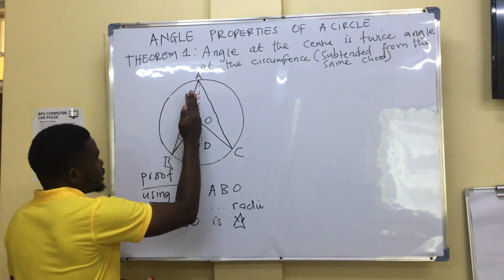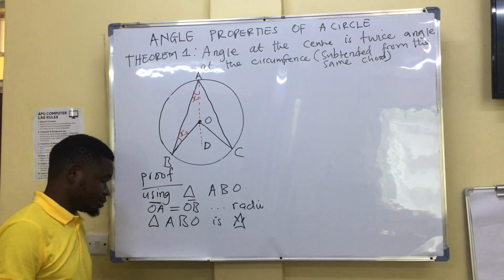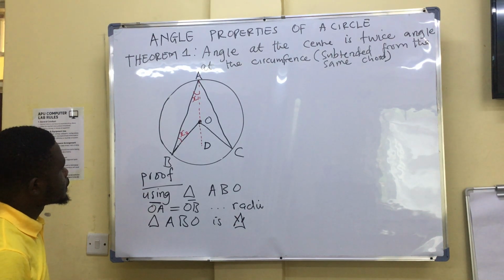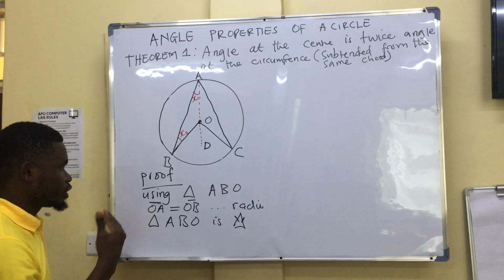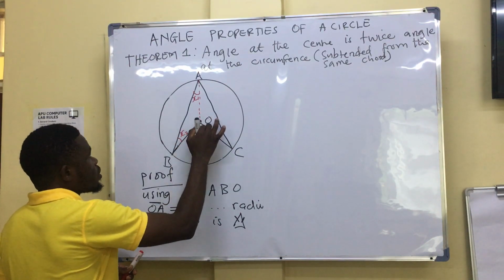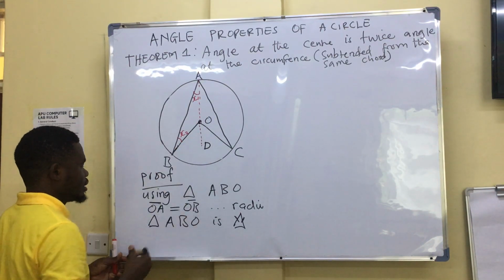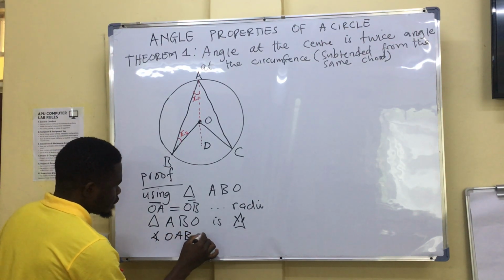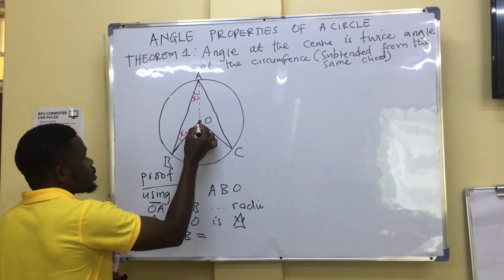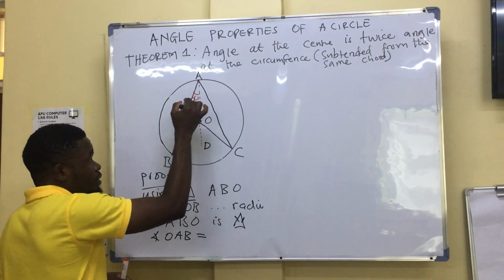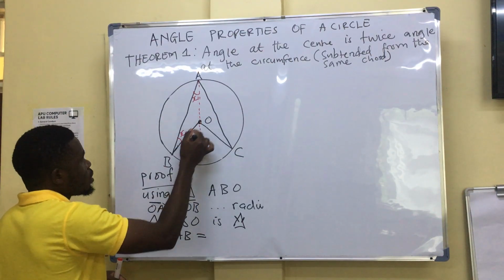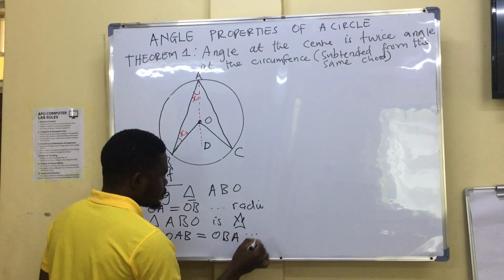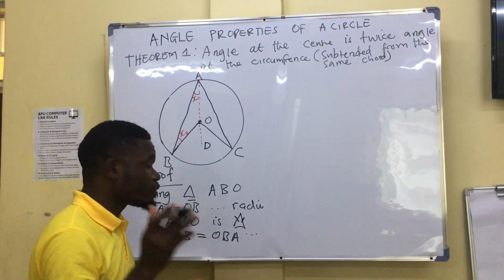So, we know that angle OAB, which is x1, is equal to angle OBA. Reason: base angles of an isosceles triangle are equal.